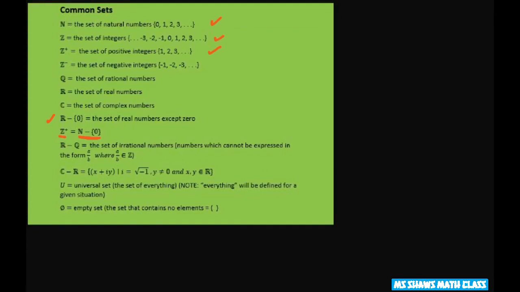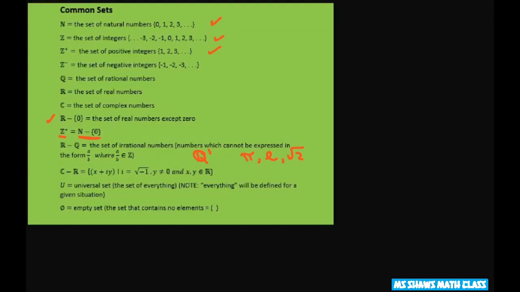Sometimes this is written as Q double prime. They can't be expressed in the form of A divided by B. That means non-repeating decimals, like pi, e, square root of 2, things like that. Next, the complex numbers minus the reals.